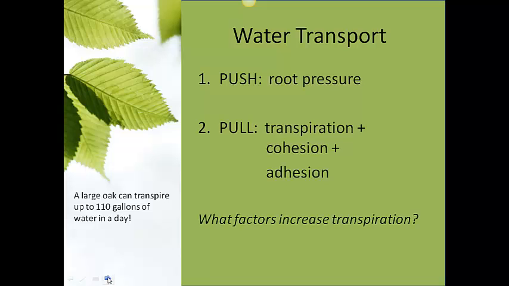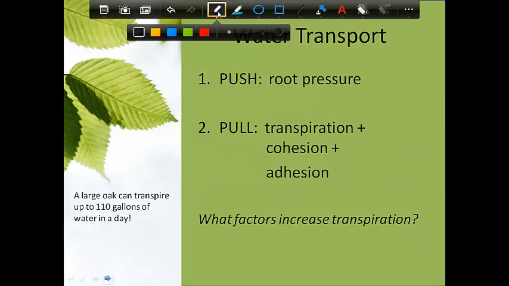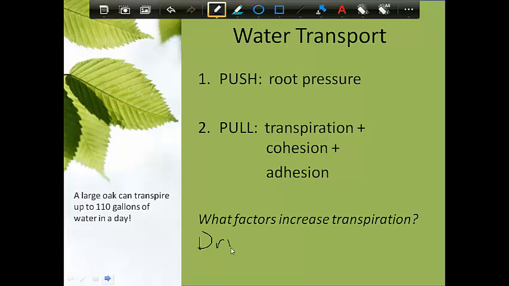So we want to think about the fact that we've got push and pull working together, and what kinds of things would actually increase the transport of water, increase transpiration. So I already kind of mentioned a couple things, that we're going to see more transpiration on a dry day, right? More evaporation, more transpiration on a hot day.